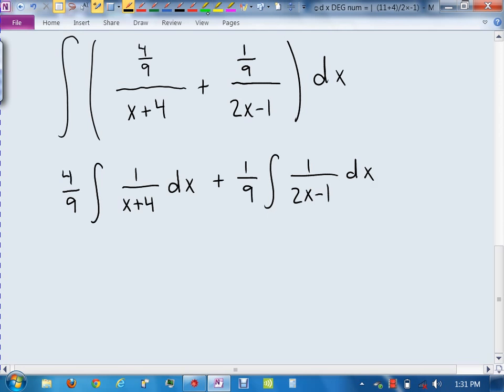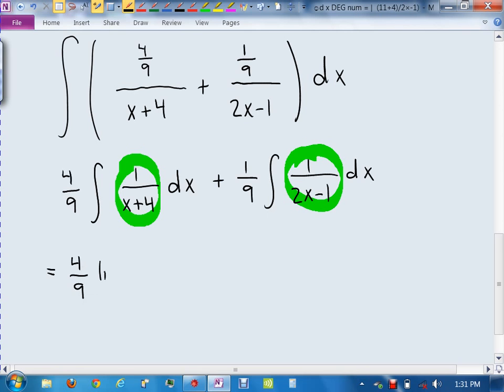Now each of these integrals is in the form 1 over ax plus b. And the antiderivative of 1 over ax plus b is 1 over a natural log of ax plus b, from last class, right? So what do I get now? I'm integrating. I've got my answer here. It's 4/9. Then what? ln x plus 4, and we're technically supposed to have an absolute value around there.